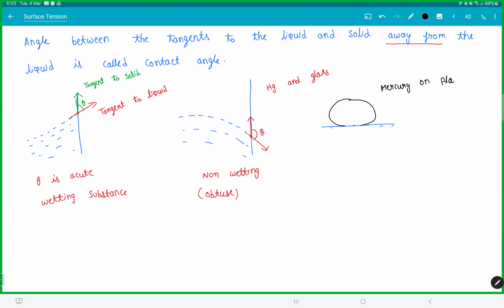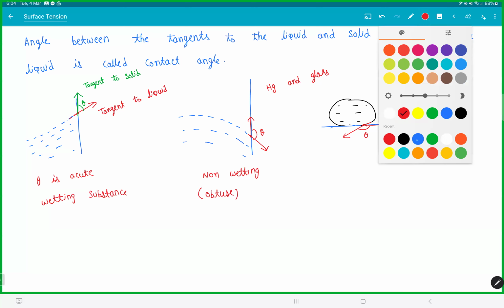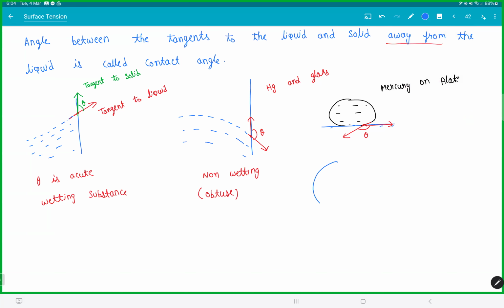this is mercury. Now look at the tangents again here. For the liquid surface, this is away from the liquid. For the solid, this is away from the liquid. This is theta. Able to visualize the tangent? At the point of intersection, you can draw tangents right or left or up or down, whatever. In that, one of them will be away from the liquid. Can you tell me about these? Suppose I take a liquid here and put some liquid inside, what is the contact angle for this?